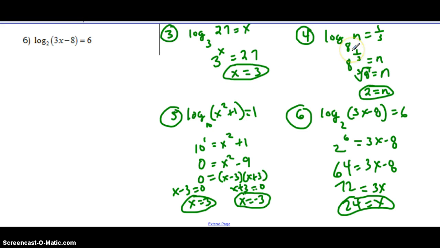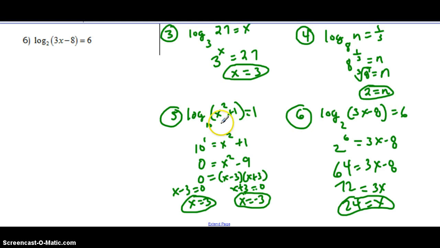For number 4, remember you convert to exponential. So 8 to the 1/3 power is equal to n. Remember 1/3 would have an index of 3, so the cube root of 8 is equal to n, and n is 2.